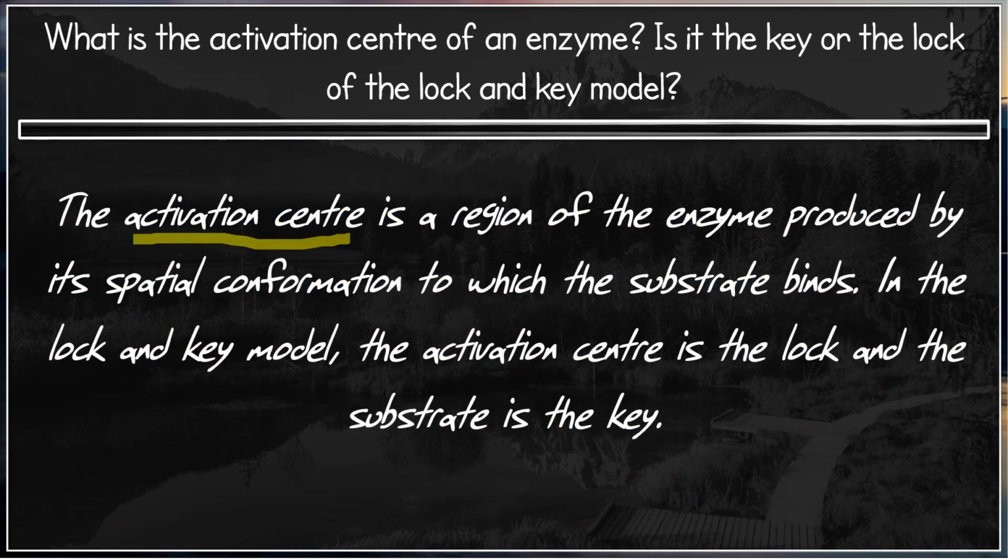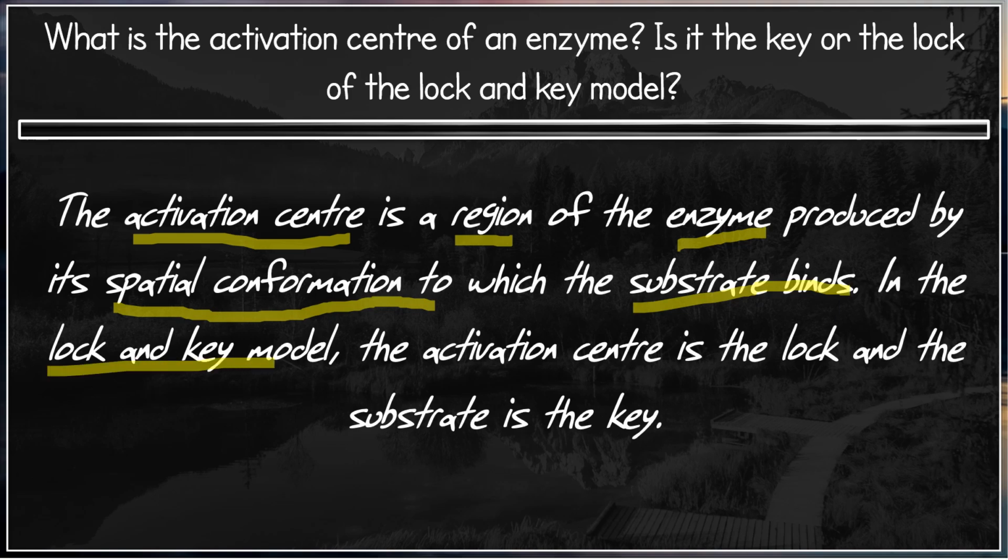The activation center is a region of the enzyme produced by its spatial conformation to which the substrate binds. In the lock and key model, the activation center is the lock and the substrate is the key.